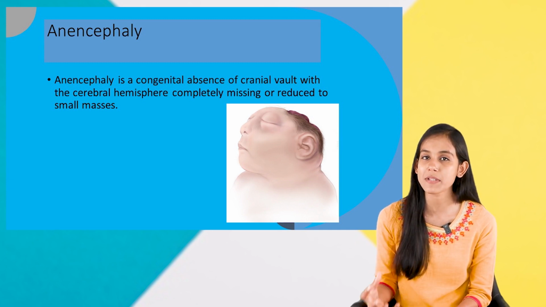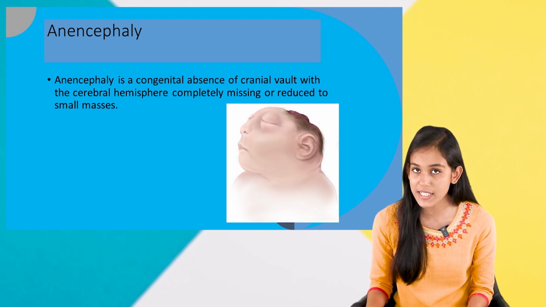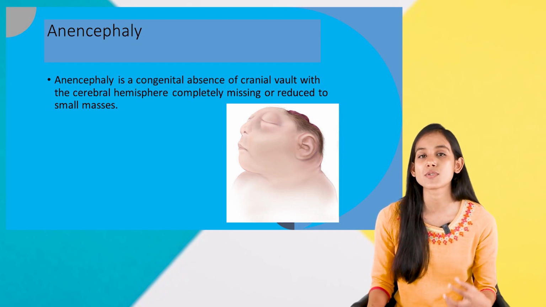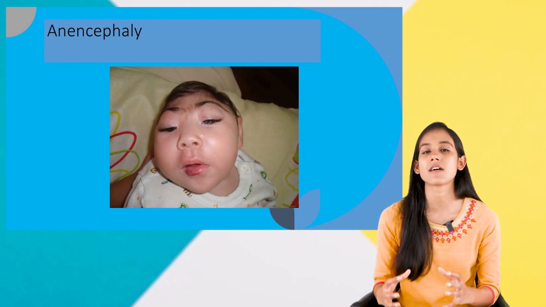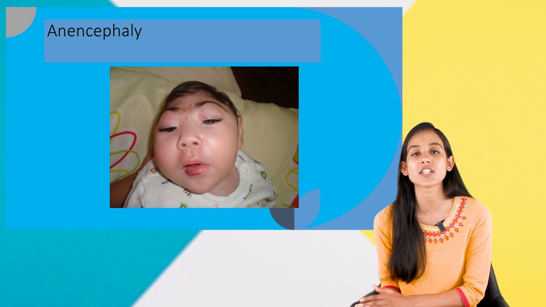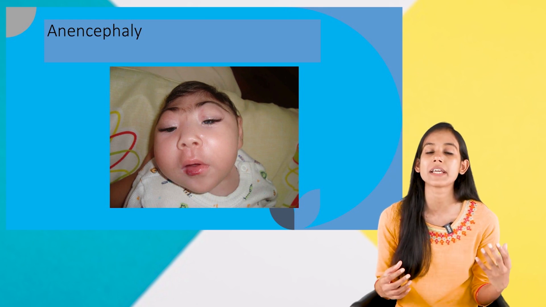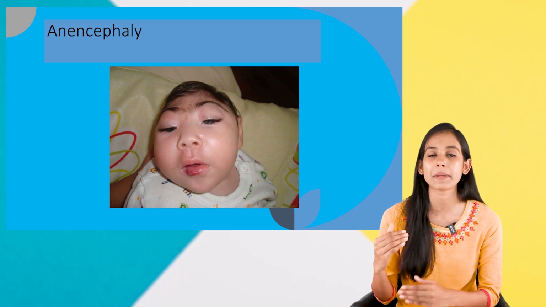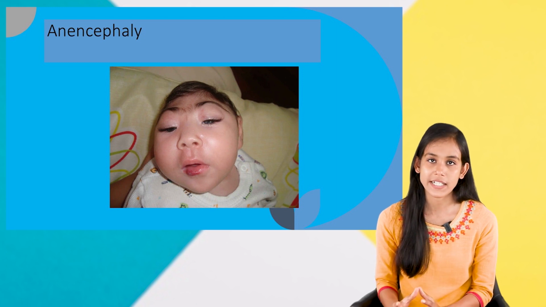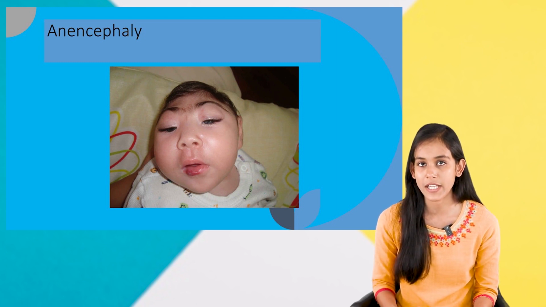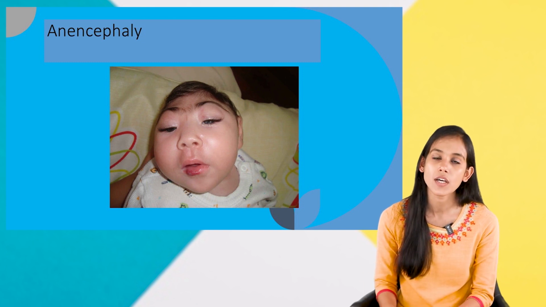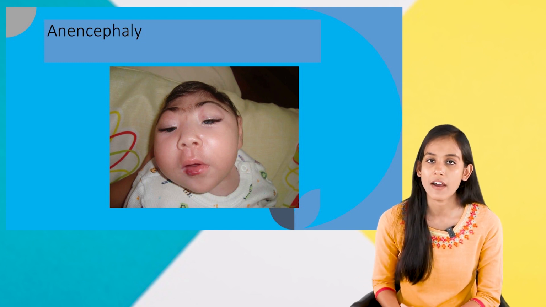Now, the cerebral hemisphere might be completely missing, or it might be reduced to a small mass. And generally, anencephaly is associated with other congenital anomalies. For example, there might be congenital heart disease, cleft lip, cleft palate, etc. But this condition is incompatible with life. So usually death would occur within 1 or 2 weeks after birth.